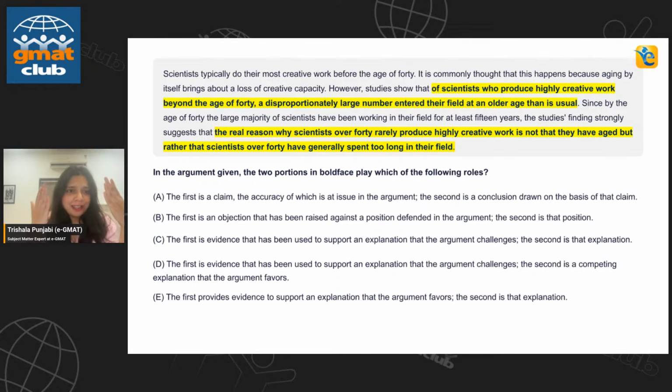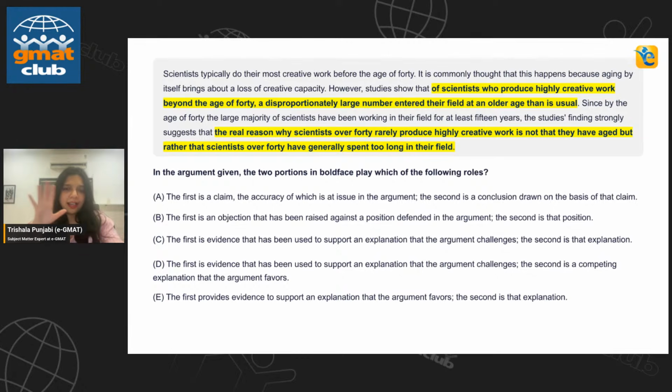So it's a competing explanation. There is one explanation that is given, which is explanation of age. Second one is the competing explanation, which is given by the argument, which is basically that it's about time and field. The loss of creativity is not because of age, it is because of time and field.